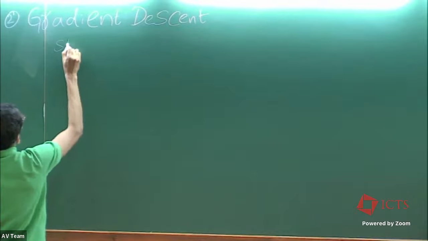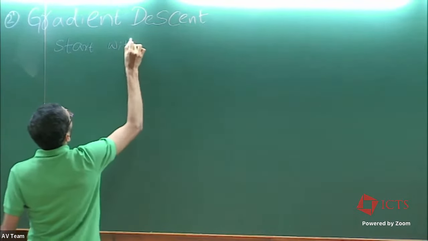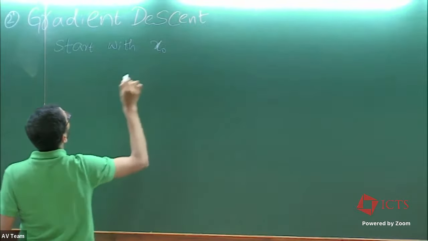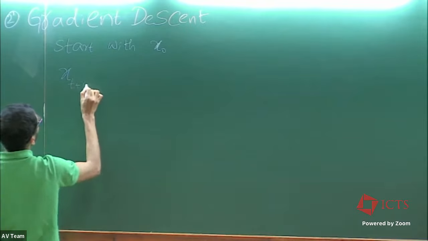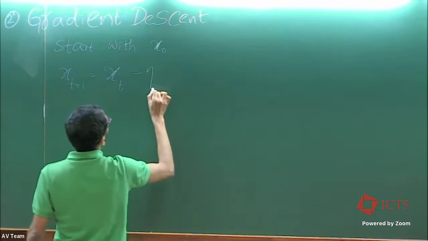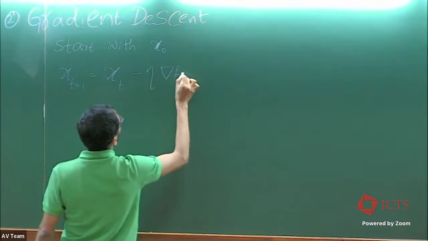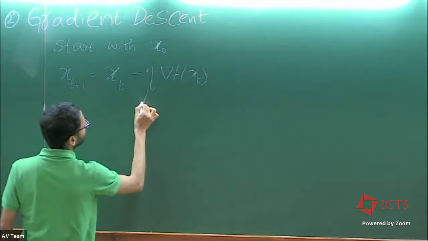Start with some x0, and then xt plus 1 is equal to xt minus eta times the gradient at xt. This is called the step size.